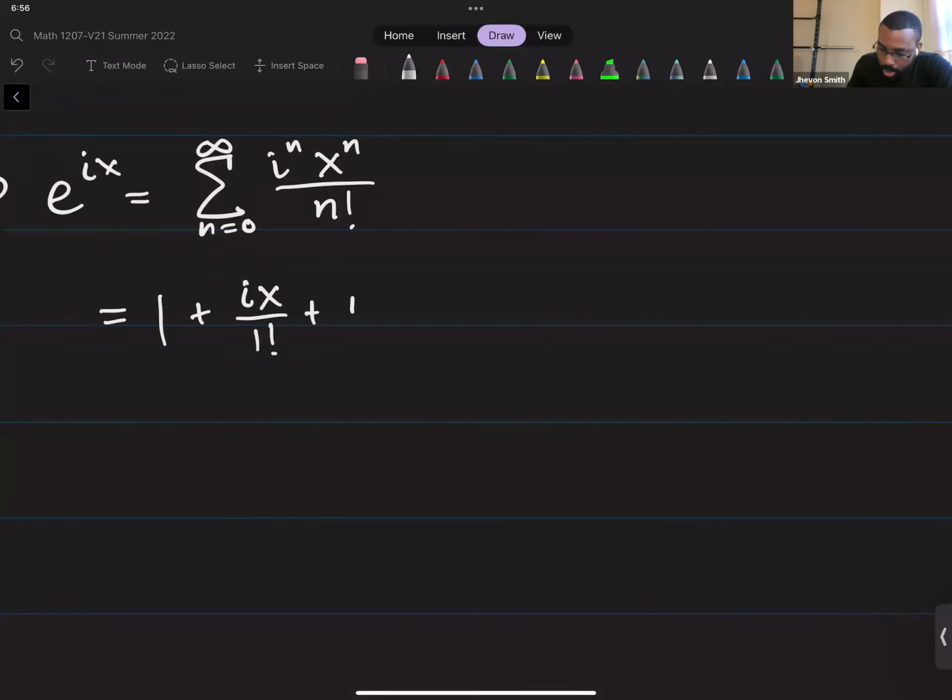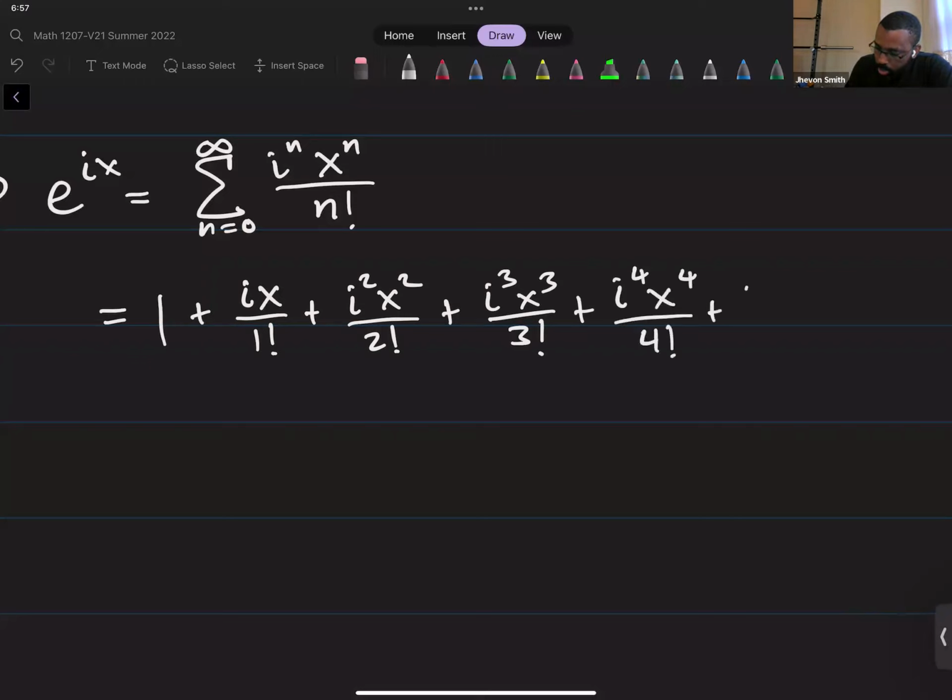If n is 2, I would get i squared x squared over 2 factorial. N is 3, i cubed x cubed over 3 factorial. N is 4, i to the 4th x to the 4th over 4 factorial. I to the 5th x to the 5th over 5 factorial. And so on.